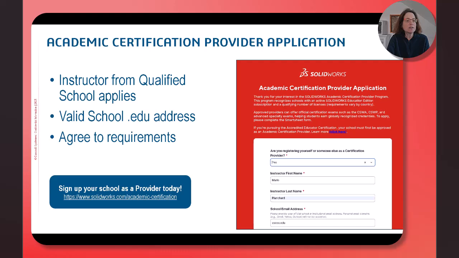This is across all grade levels, and it includes all of our associate level exams and professional level exams. You must have a valid .edu address and agree to the requirements, such as the environment for your students will be proctored. The application only takes a few minutes, and you'll hear back in 5 to 7 business days.